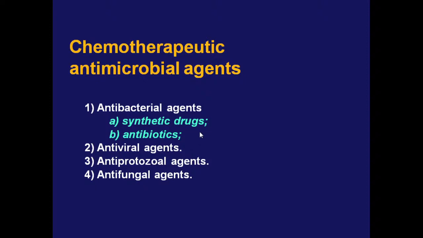So synthetic drugs, these are drugs produced by chemists, synthesized by chemists, and there are no these substances in nature. But antibiotics, these are antibacterial agents introduced inside the patient's body, but having natural origin.